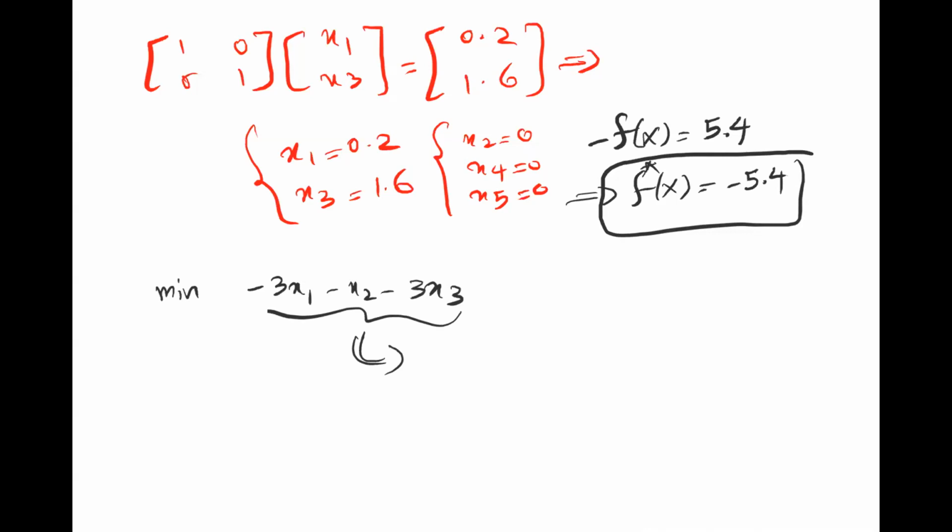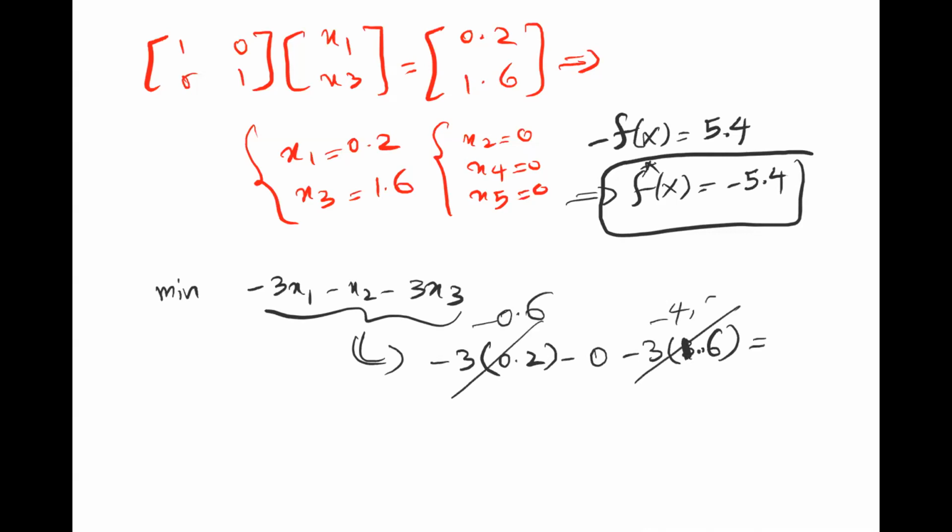So minus 3 multiplied by x1, which is 0.2, minus x2, which is 0, minus 3 multiplied by x3, which is 1.6, gives minus 0.6, minus 4.8, which is minus 5.4. As you can see, the answer is the minimal answer.